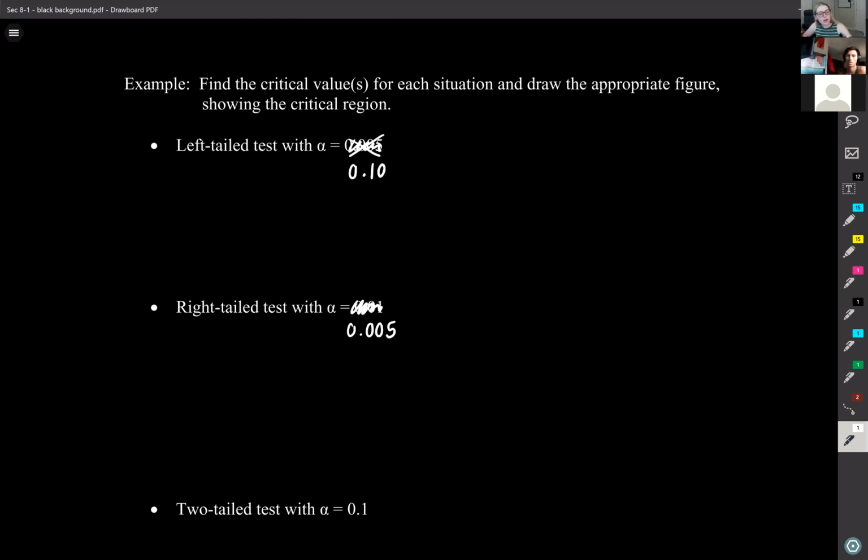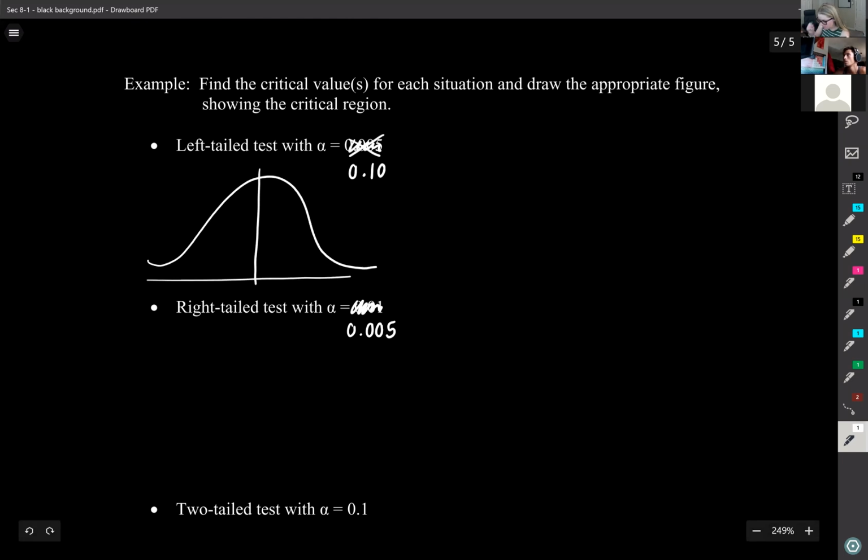Okay. So it wants us to find the critical values, draw the figure, and then show what the critical region is. First step, I'm going to draw my little normal distribution. I'm doing a left-tailed test with a significance value of 0.10.